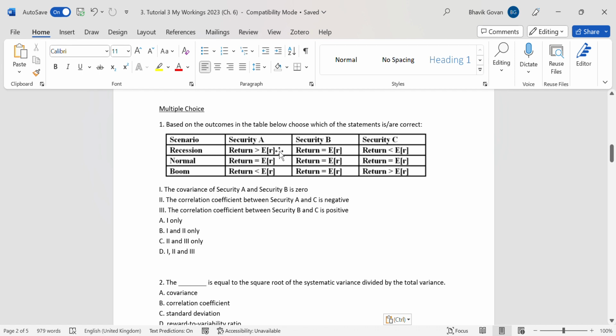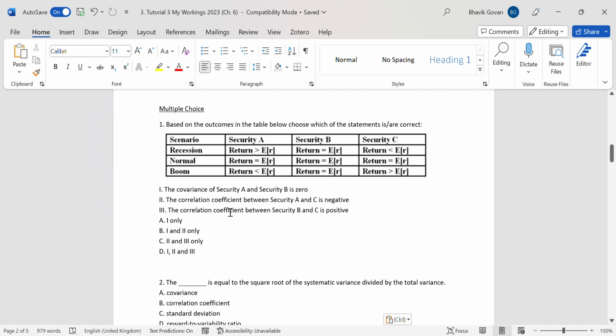So if we compare A and B, in the recession, the return for A is greater than the expected return, and for B, the return is equal to the expected return. For the normal scenario, they're the same, and for the boom, it's different again. So that is true. Their covariance is 0.